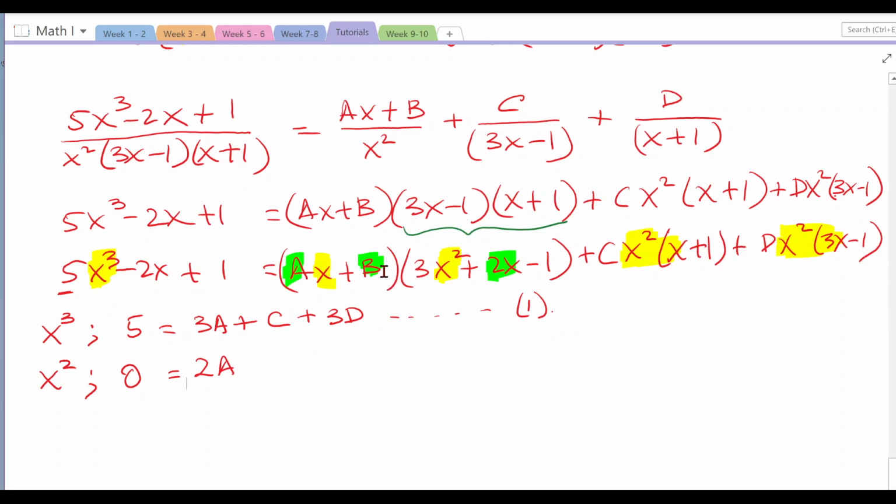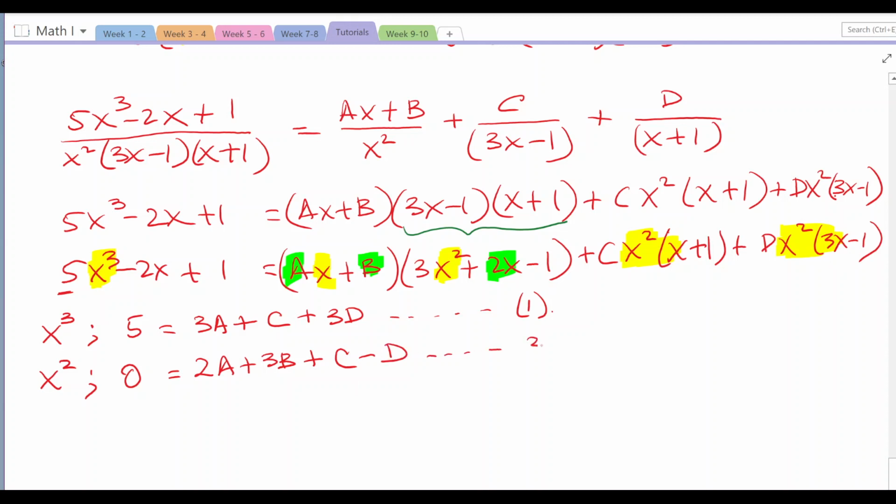For the b we have b times 3x squared, so 3b. For the c we have cx squared multiplied by 1, so we have 1c. And for d we have dx squared multiplied by negative 1, so we have negative d.